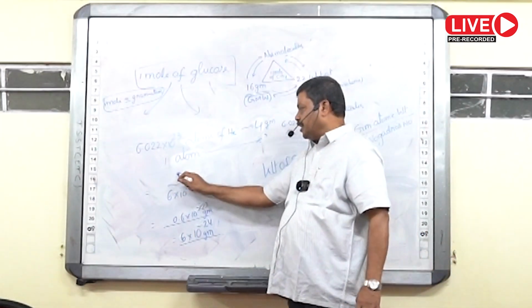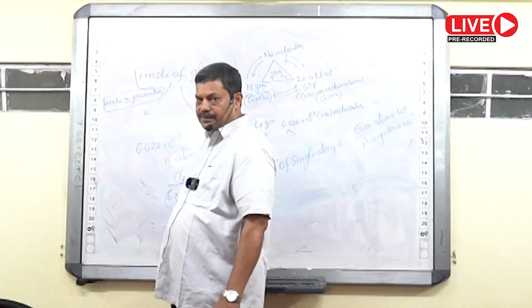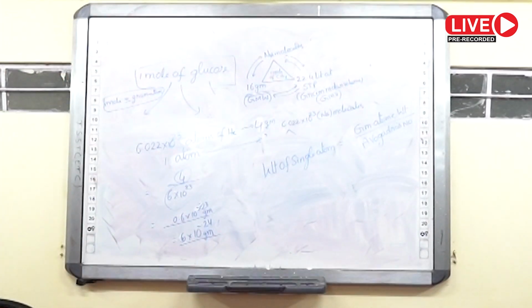Here gram atomic weight is 4. Avogadro number is this. Like this you can calculate the weights of single atoms of any substance or weights of single molecules.